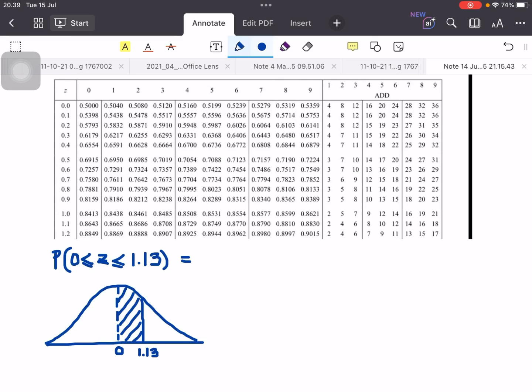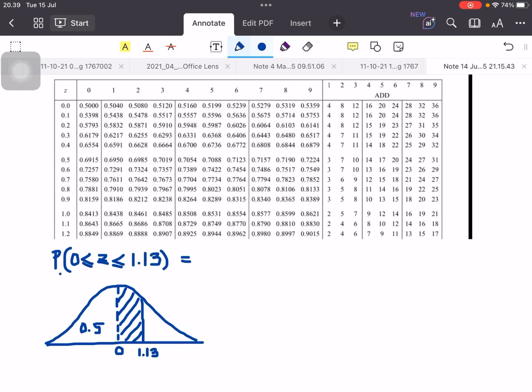But we know that the total area under the curve is 1. So the area under the curve less than 0 will be 0.5. This one, 0.5.